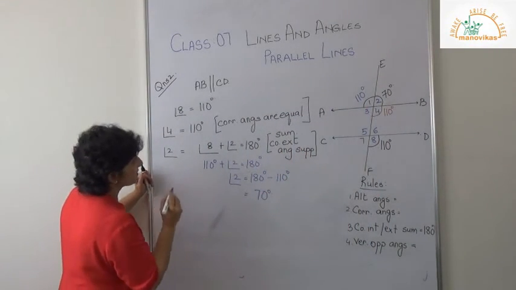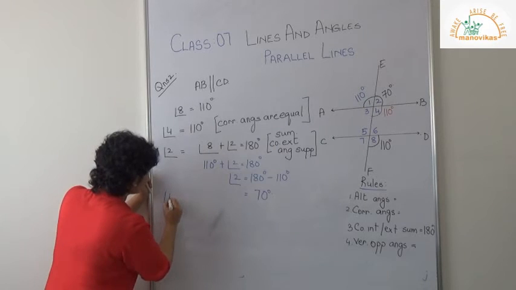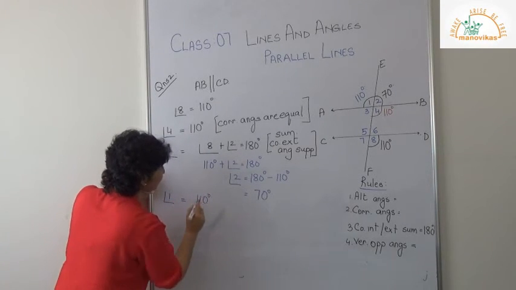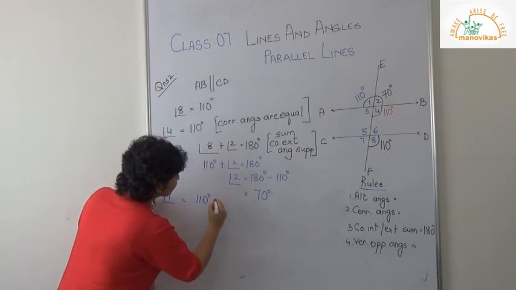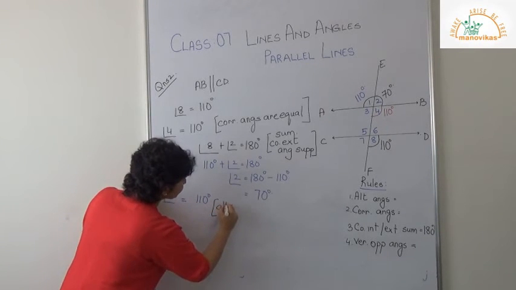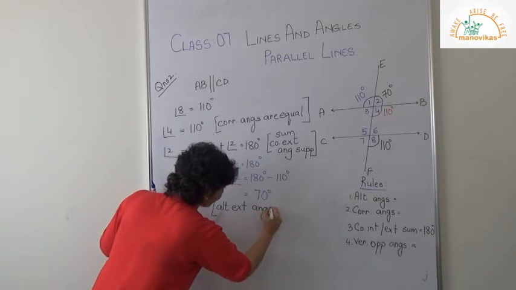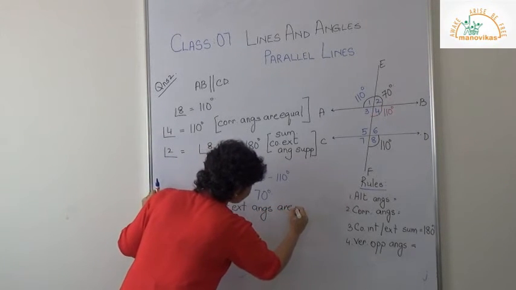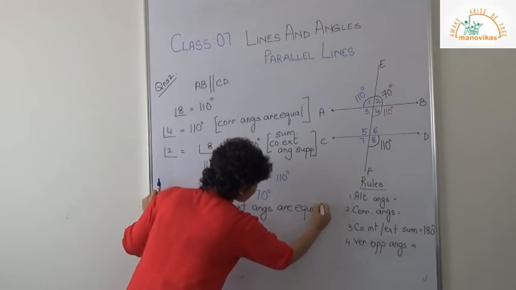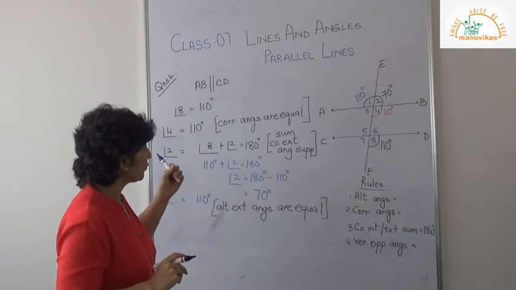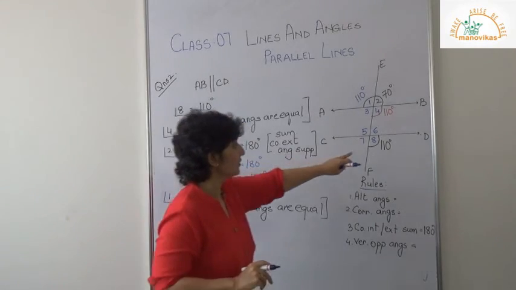So that is angle 1. Angle 1 is equal to 110 degrees. What is my reason? Alternate exterior angles are equal. Correct?